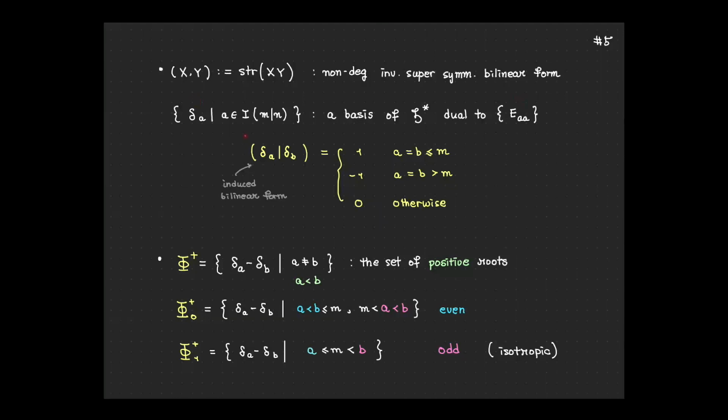Then we consider the induced bilinear form on this dual space spanned by the delta_a. Then we can observe that unlike the usual case, it's an almost orthonormal basis, but there is a sign. For the first m elements it's orthonormal, but for the other elements the norm is minus one. That's the first difference when you consider the super case.